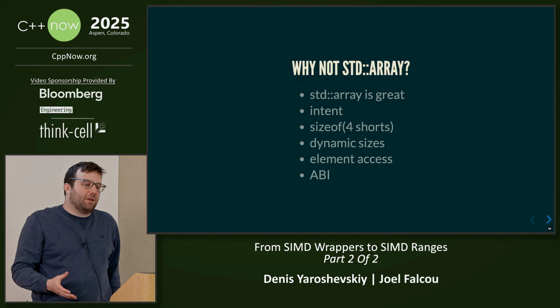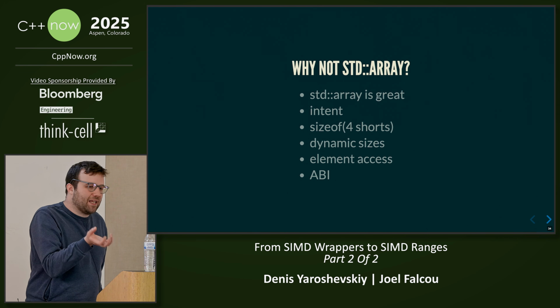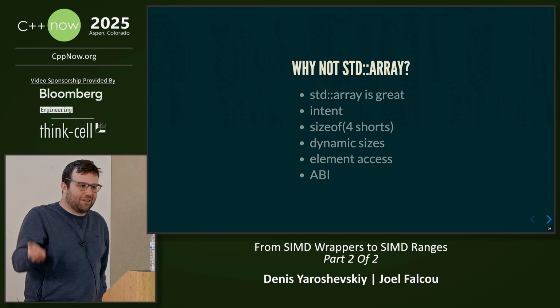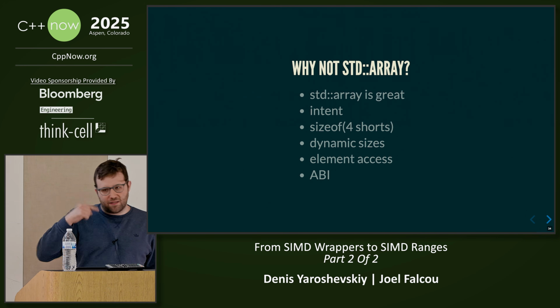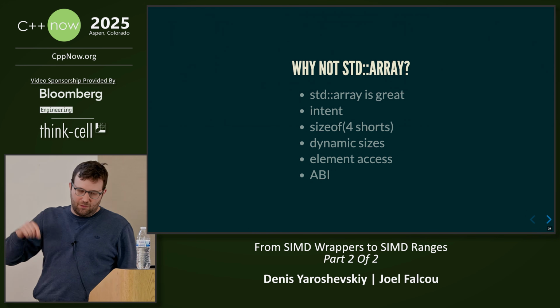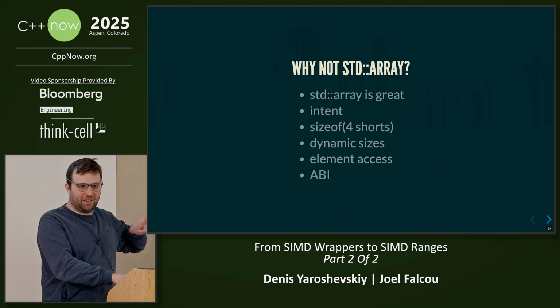It's probably usable. Calling functions with a SIMD as a parameter is not that common. Matthias doesn't agree with me, and he thinks that this is important to insist on SIMD API. Anyway, those are the reasons why it's not standard array.